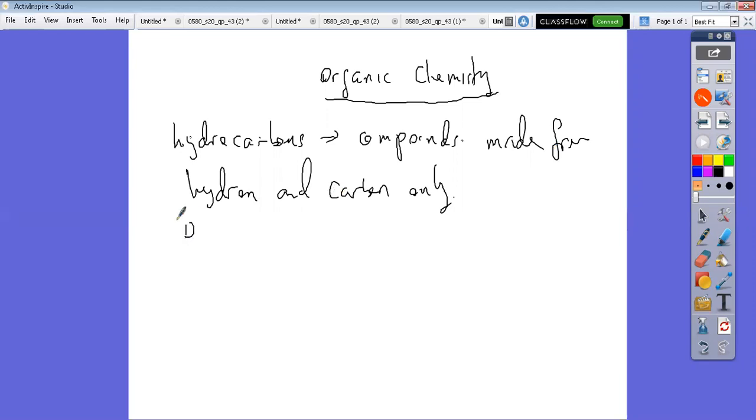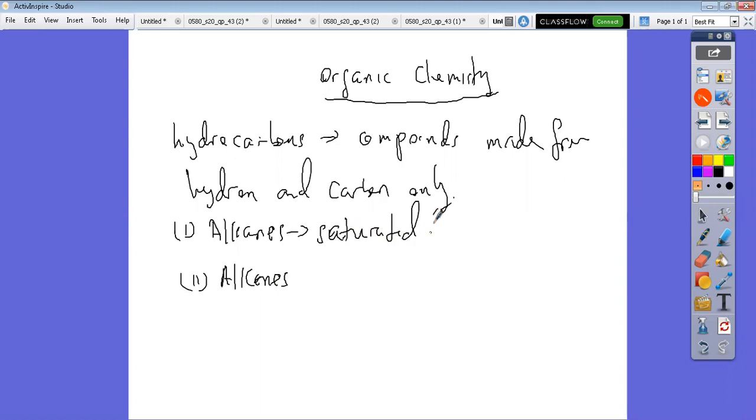So we mainly have alkanes and alkenes. Those are hydrocarbons. So these ones are known as saturated because they are stable. Saturated. Very stable, and don't easily react.